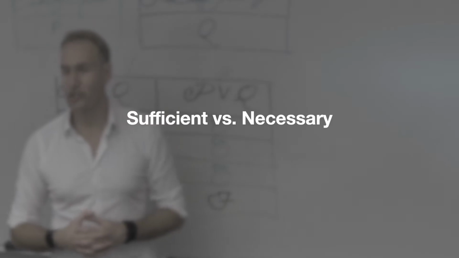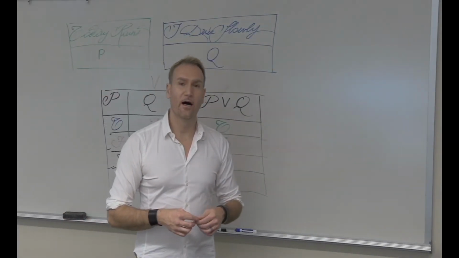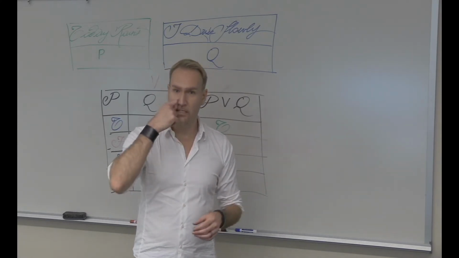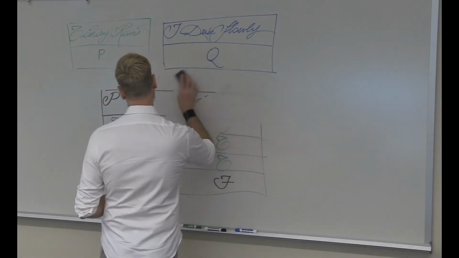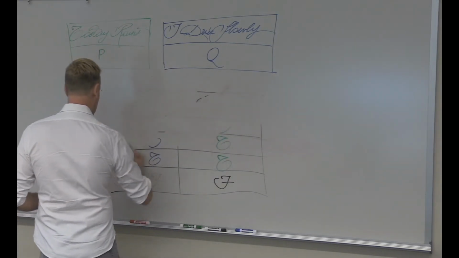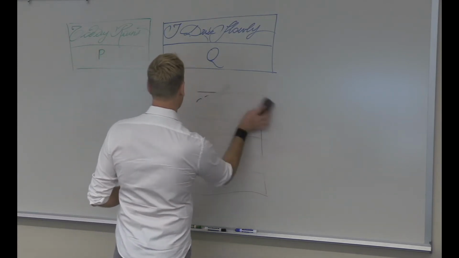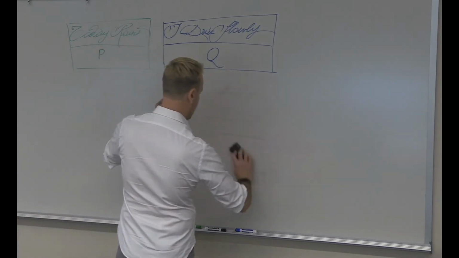Now, of course, when we talk about disjunction, we should also specify the difference between sufficient and necessary as conditions. But we will do this a little later. So let's continue with some basic symbols, okay? And we will apply truth tables to those symbols as well to verify the claim. So we can stick to these two examples here.